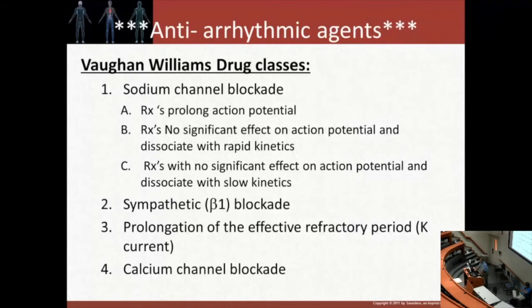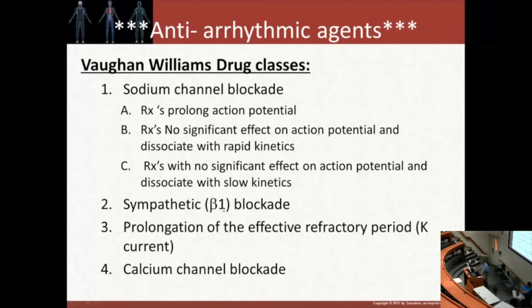Okay, and so clinically, they've assigned the main antiarrhythmic agents into 4 main classes. The first class are the drugs that can block the sodium channel. The subclasses underneath it, A, B, and C, refer to what kind of effect the sodium channel blocker has on the action potential.